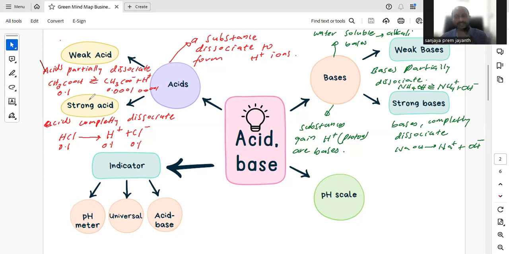You can't just identify whether a substance is acidic or basic, so you can use an indicator. An indicator is a substance that exhibits one color in acidic medium and another color in basic medium, or simply a substance that exhibits different colors at different pH levels.